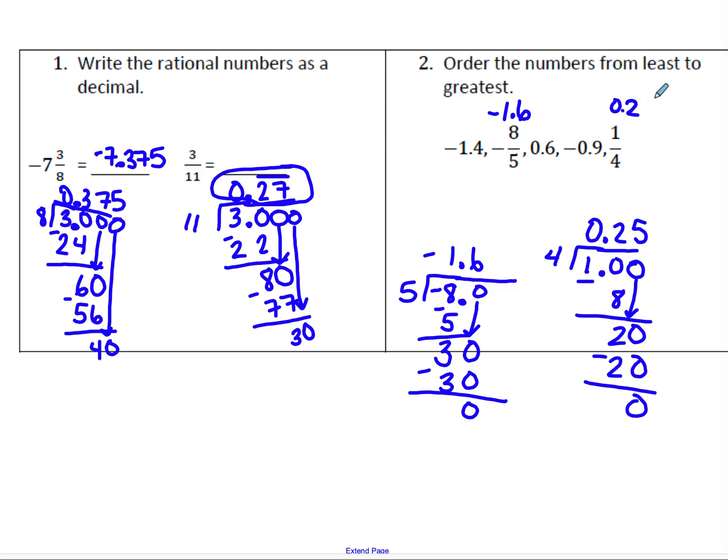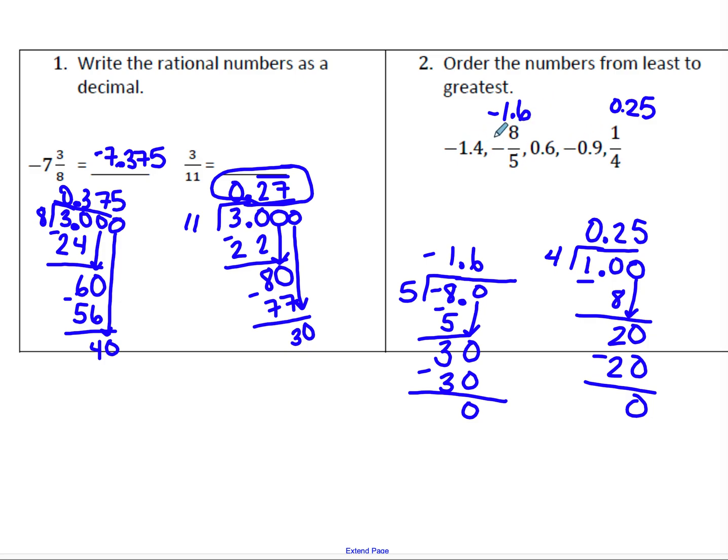Okay, so now that I have everything in decimal form, I'm ready to order least to greatest. So for my negatives, I need to decide from -1 and 4/10, -1 and 6/10, -1 and 9/10, which one is the lowest value. And that would be which one is farthest away from 0. So if I was thinking about them as positive numbers, 0 would be the smallest, then 1.